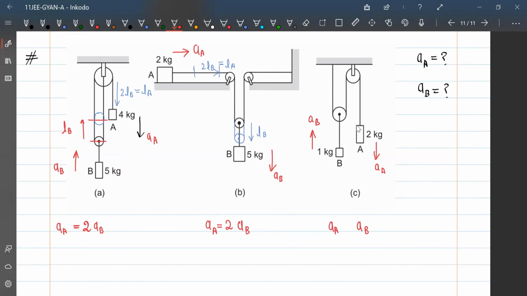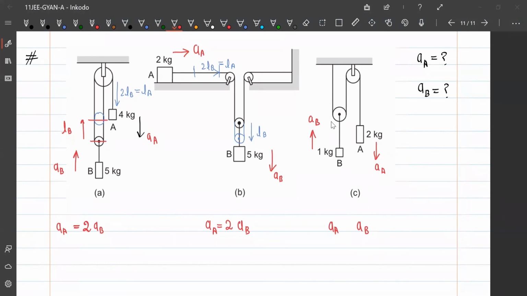Aditi, can you tell me the relation for C? Aditi, can you hear me?